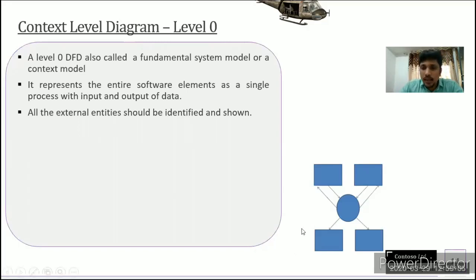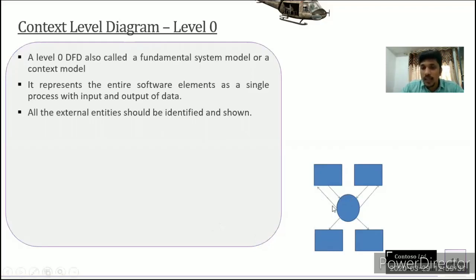As you can see here, a context level diagram should have only one bubble. This round circle is called a bubble in a data flow diagram. Some external entities should be identified before drawing the context level diagram, because they are the entities which give some data as input or take some data as output, and these are called data flows.